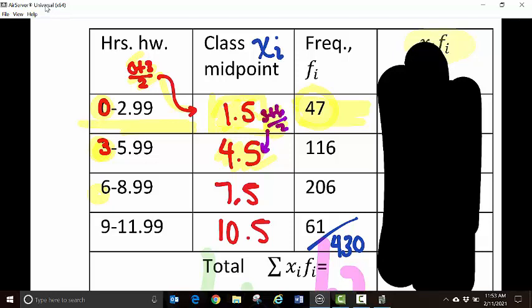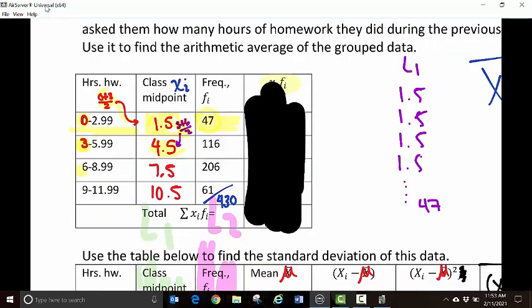Okay? Now, how do you find the average? Isn't the average adding up all the data and dividing by the total? So you could add up 1.5 plus 1.5 plus 1.5 all the way up to 47 times, plus this one, plus this one, plus this one. But a smart person is going to do what they know, which is, doesn't multiplication make adding faster?